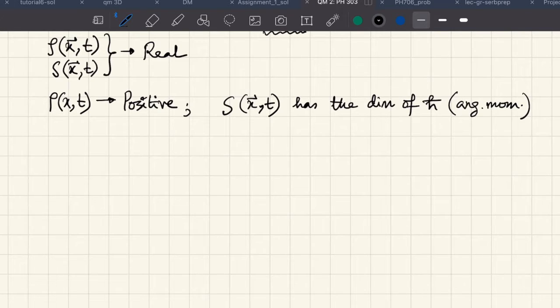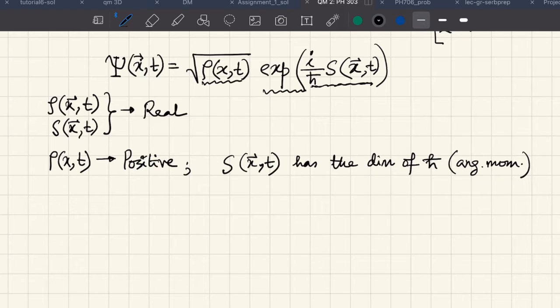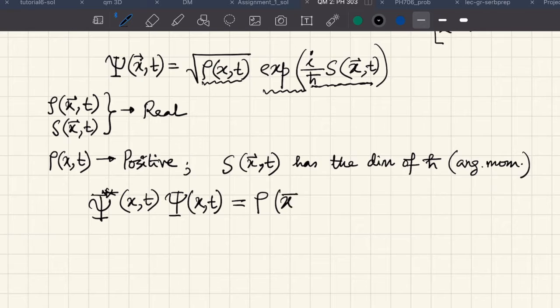If you look at this rho, using the symbol rho is justified simply because it is the probability density. Because if you calculate psi star of x,t with psi of x,t, what you get is rho of x,t.